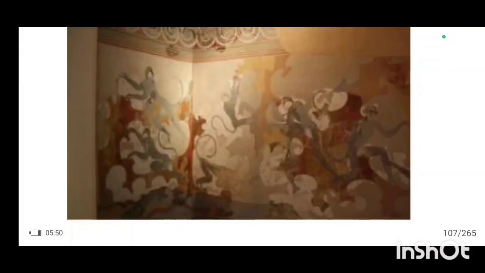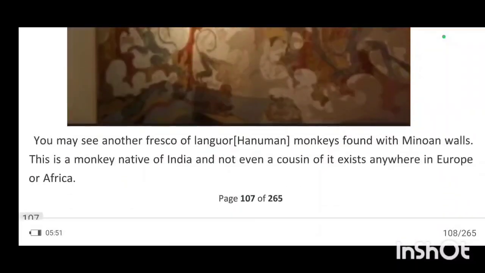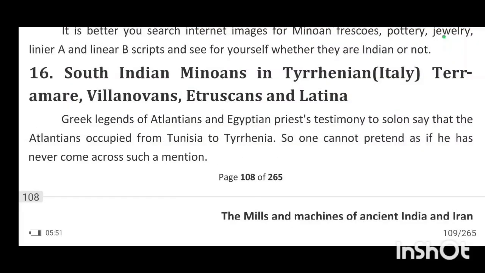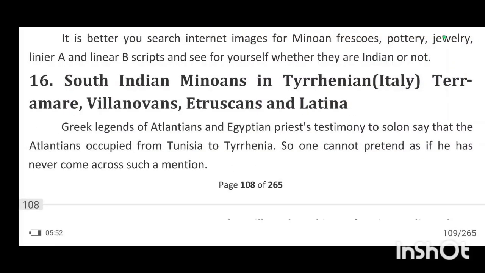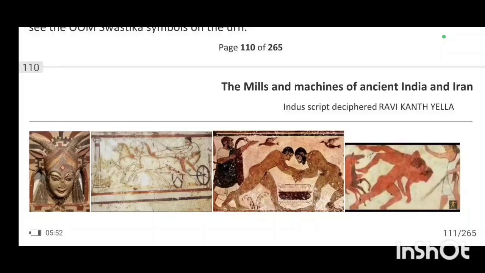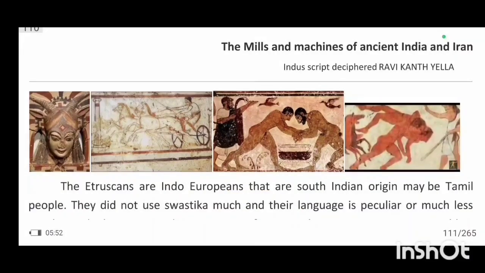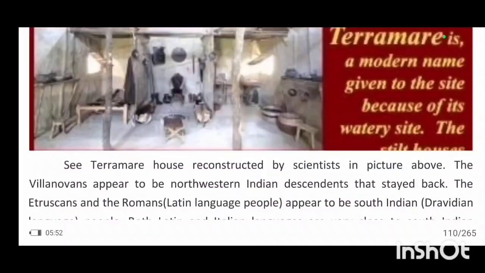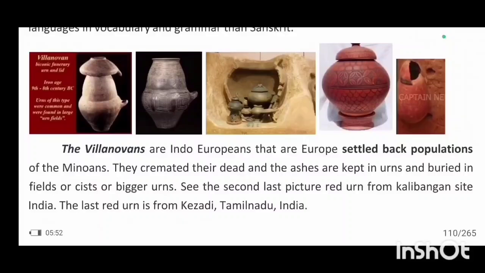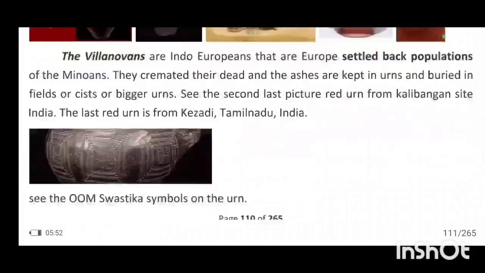These are wall paintings of langur monkeys, Indian monkeys, found nowhere else in the world, from the island of Crete. For some reasons unknown, a great number of South Indian merchants remained in Italy. This is burial pottery similar to Tamil burial pottery of that period.